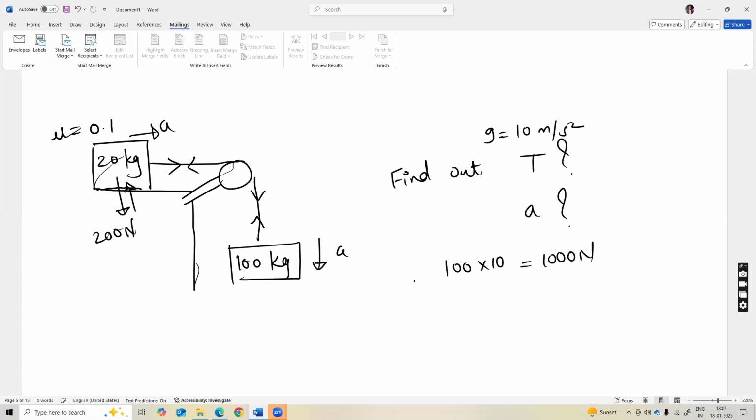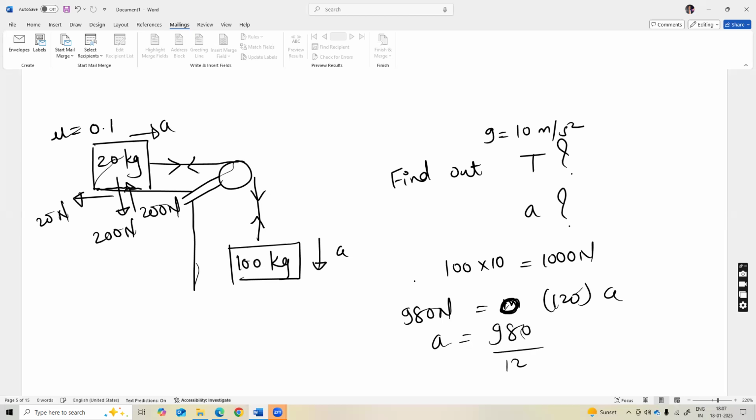Therefore, there is a normal reaction of 200 Newton acting upwards. The frictional force is mu N, that is 20 Newton, acting towards the left. So net force will be 1000 minus 20, that is 980 Newton. So 980 is the mass of the system, 120, into acceleration.